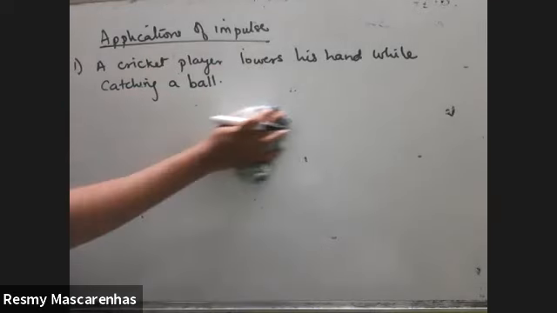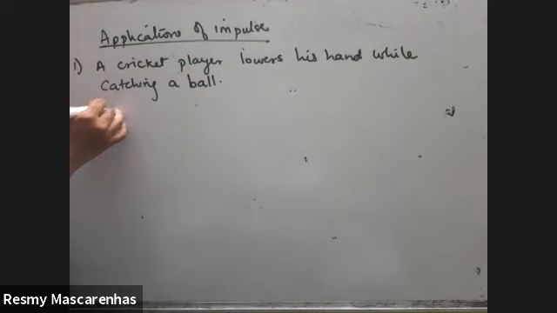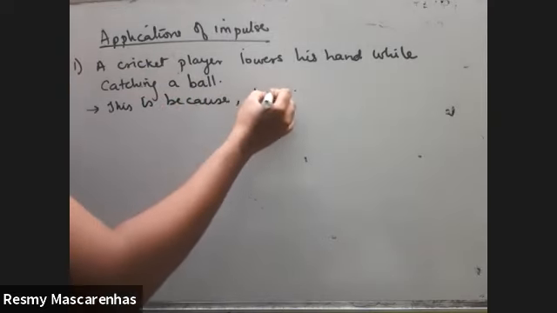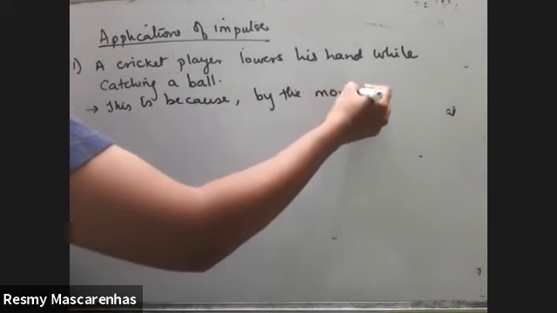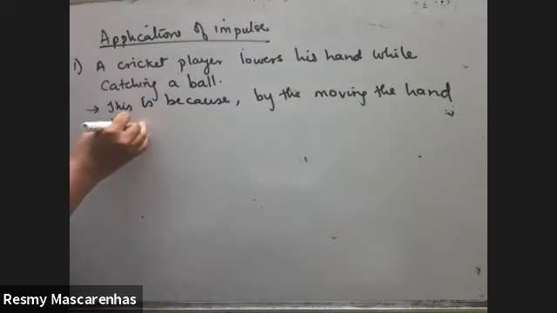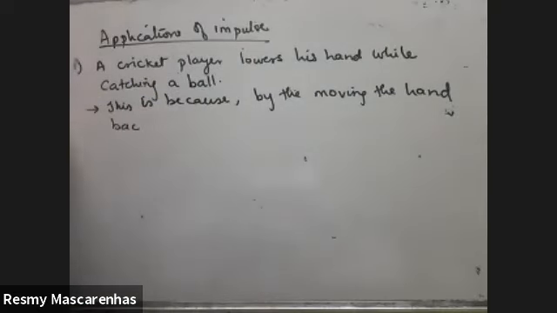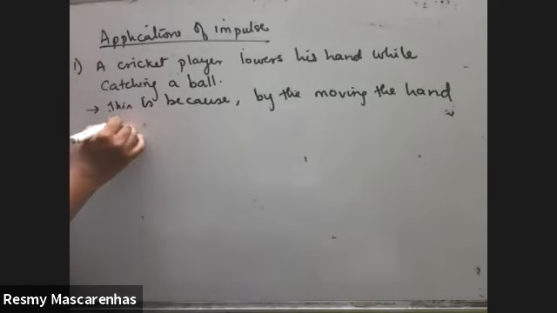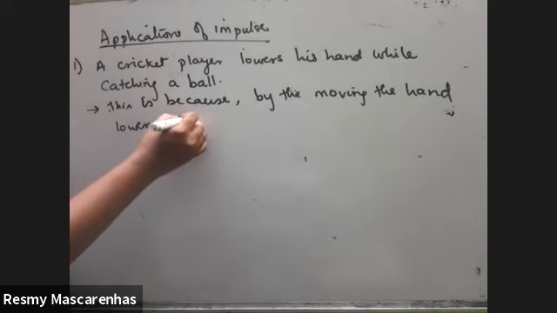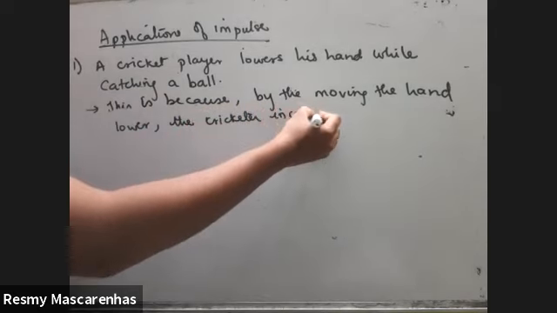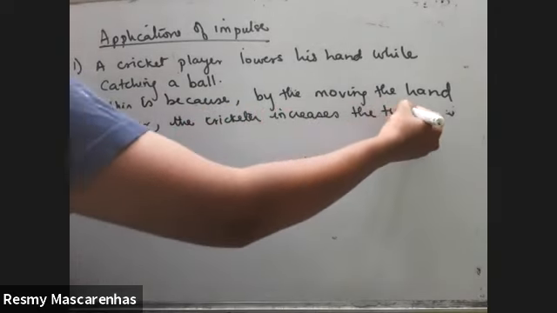So the reason, you can write it as, this is because by moving the hand backward or moving the hand lower, the cricketer increases the time of the catch.